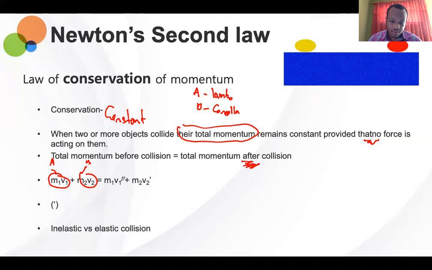Okay, so we covered a lot today, a whole heap of content. So we have this meaning of after, right? Whenever I see this apostrophe here, it means the velocity after. But the mass m remains the same.